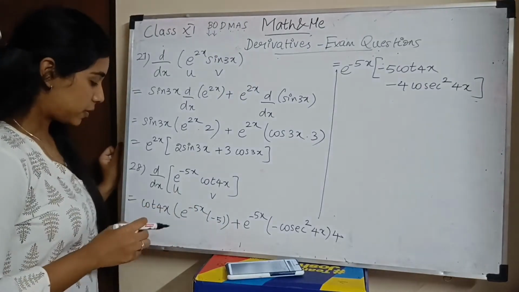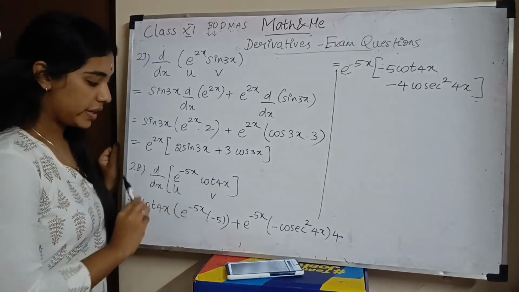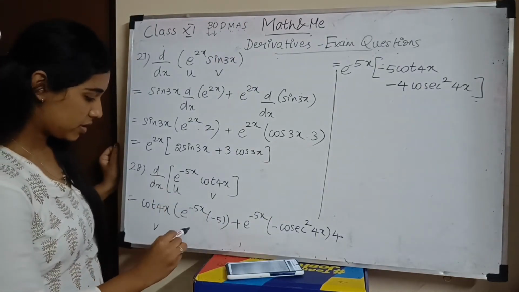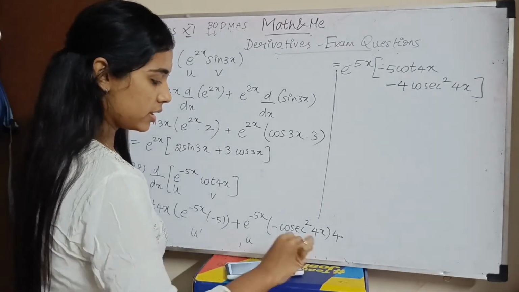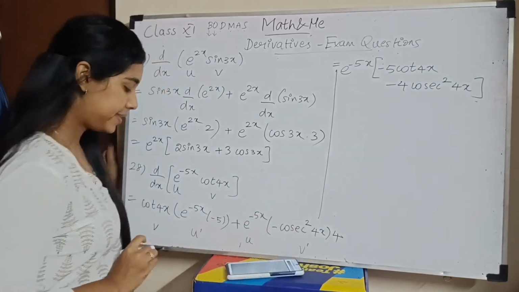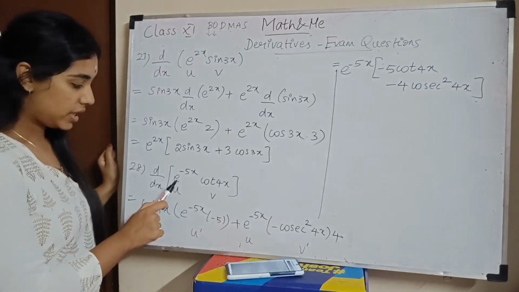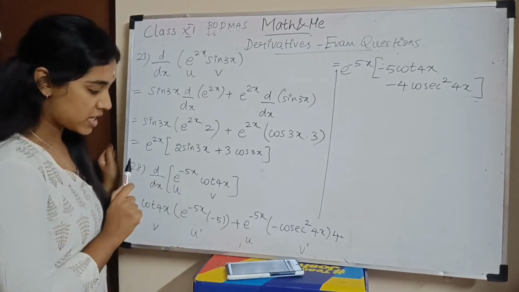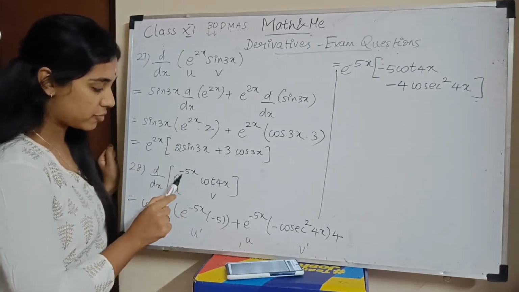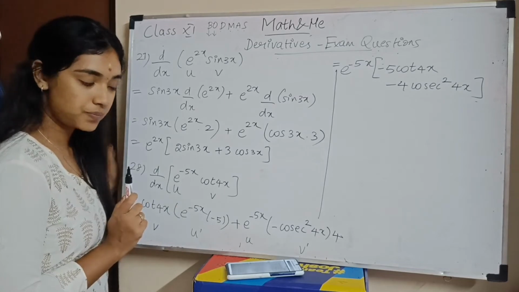Clear? So what did I do? u v, which is v u dash plus u v dash. Right? So what is your u dash? e to the x derivative, e to the x. But instead of x you have minus 5x. So you have to take the derivative of minus 5x, which is minus 5.